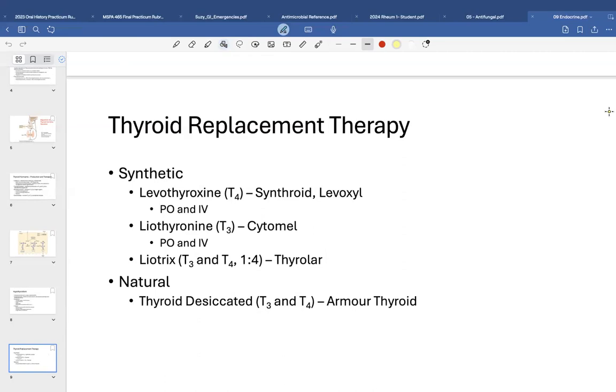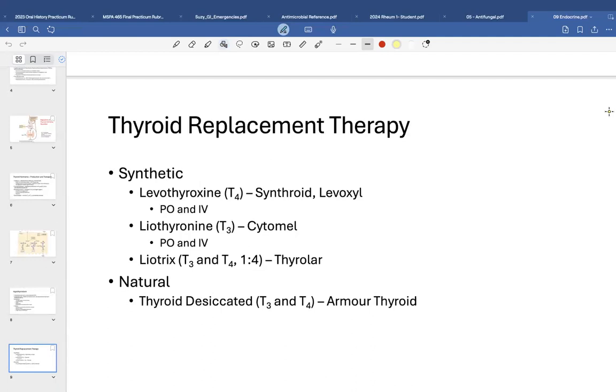Much less commonly, though, you can find T3, branded as Cytomel, also available orally and IV. And then we have a couple of products that are kind of combinations of T4 and T3. One is a synthetic product called Thyrolar, which has T3 and T4 in a 1:4 ratio.